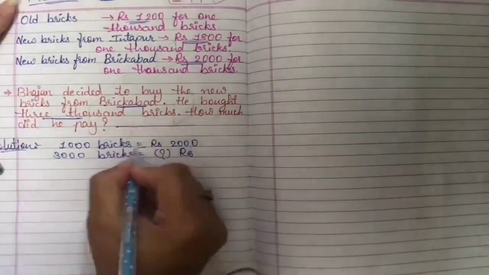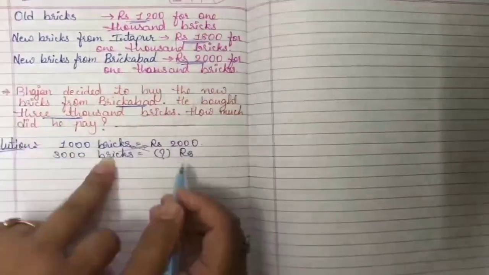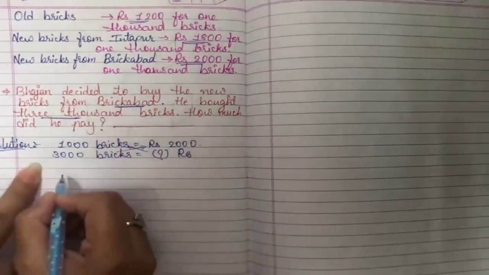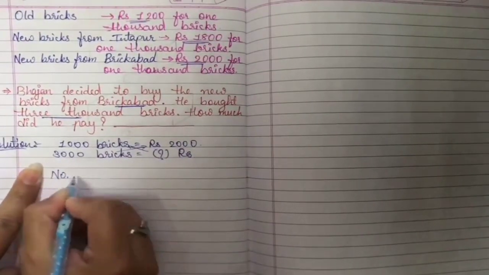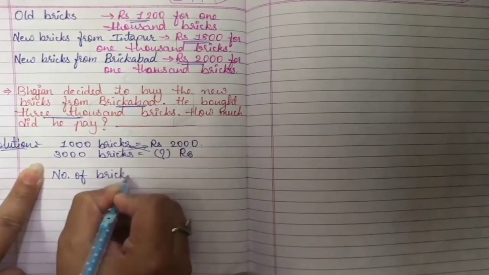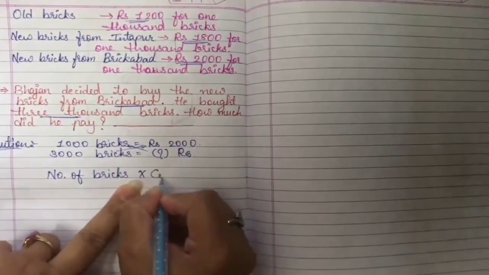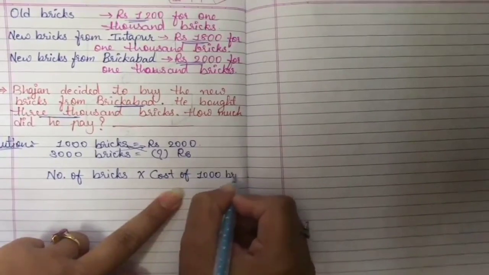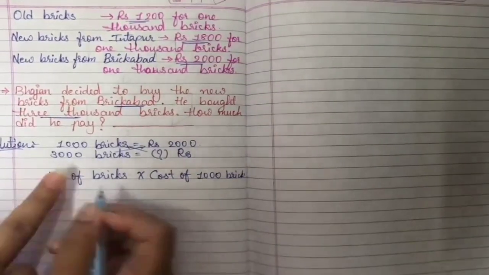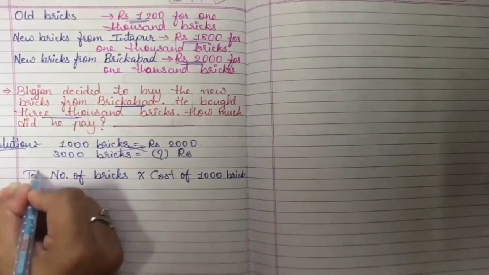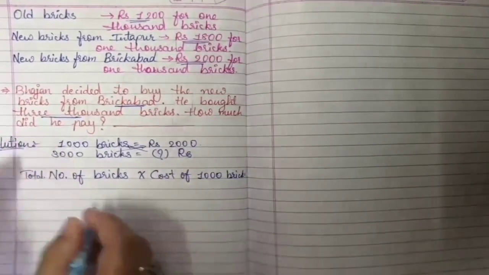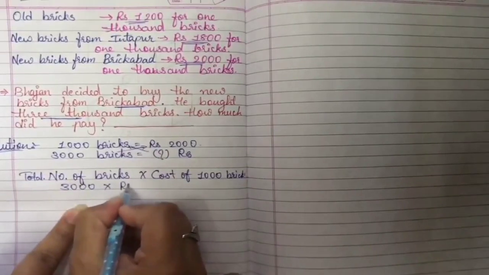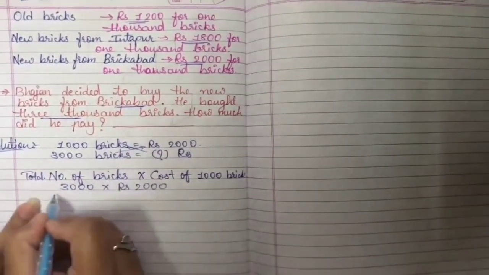Okay, so here we have to do cross multiplication. We will multiply the number of bricks by the cost of 1,000 bricks. The total number of bricks he bought is 3,000. We can say 3,000 multiplied by rupees 2,000.